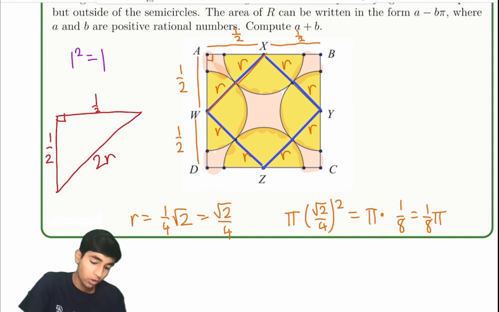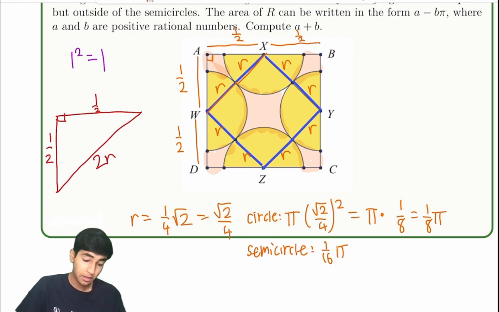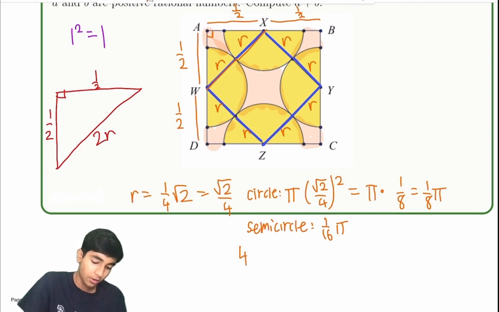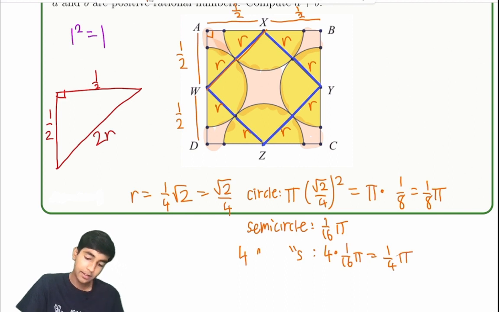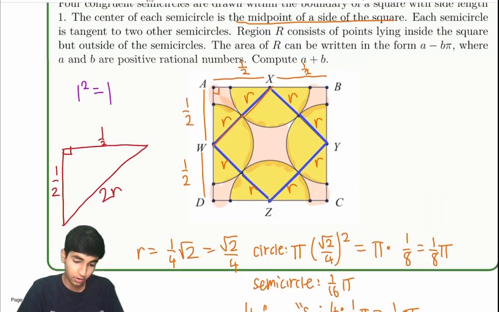That's the area of a circle with radius r, but a semicircle is half, so 1 over 16 pi. Then what is the area of all four semicircles? Four times 1 over 16 pi, which is 1/4 pi.